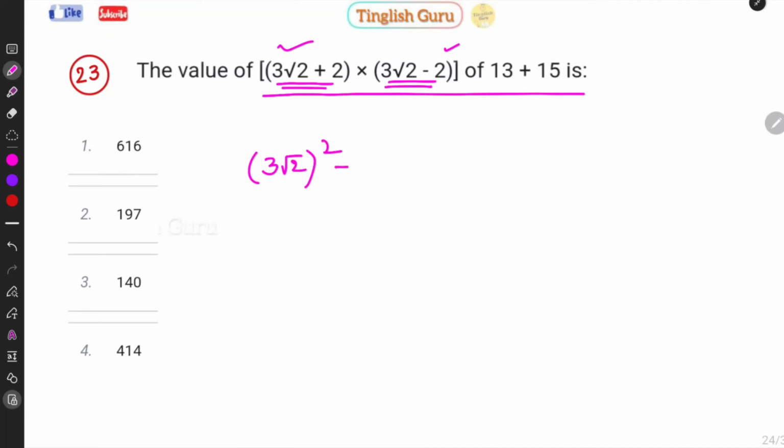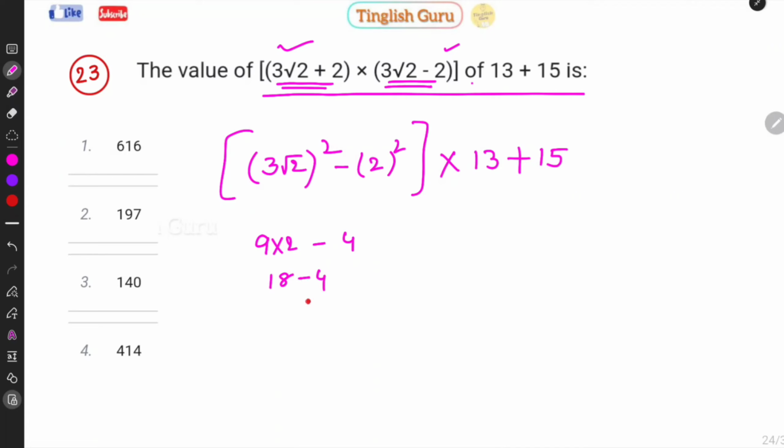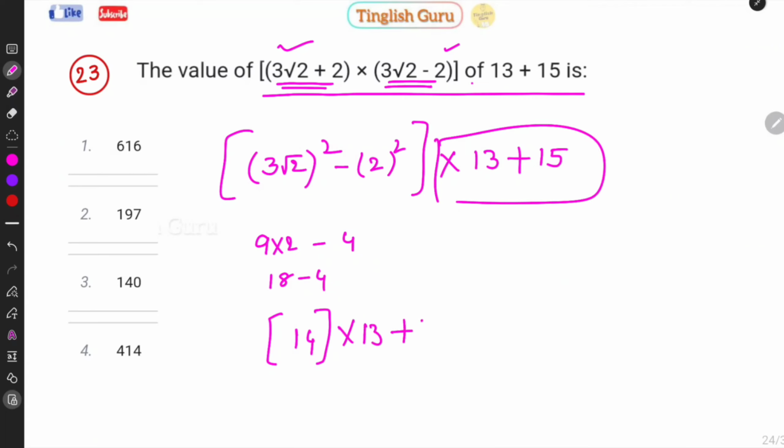And 'of' means we have to write into 13, the rest of the value is plus 15. So what is this value? 3 root 2 whole square means 9 into 2, minus 4. This value will become 18 minus 4, that is 14.